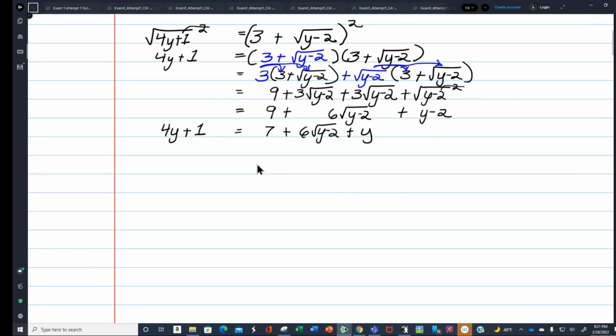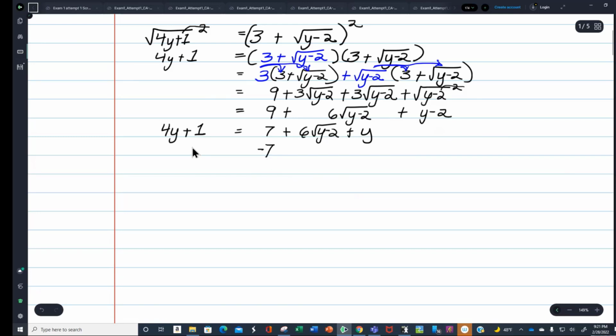Okay. Now we start all over again. I have a radical that needs to be isolated. So I'm going to move the 7 over here and the y over here.